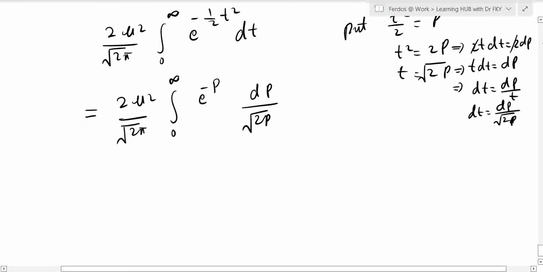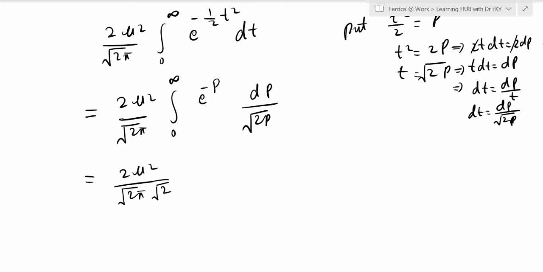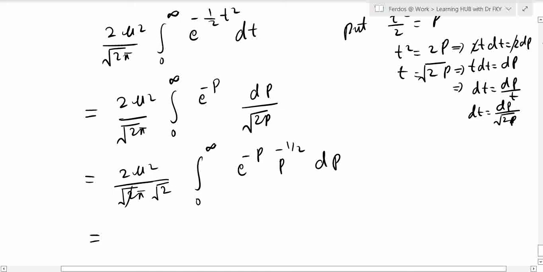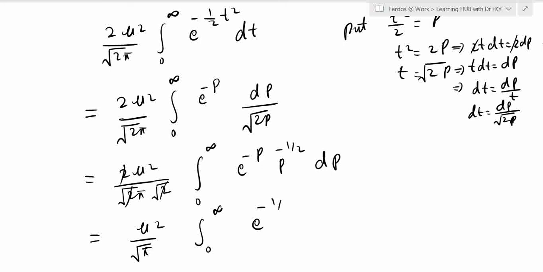Now you can see that 2 mu square divided by 2 pi square root, you can write 2 here in the denominator, and now this is 0 to infinity e power minus p power minus 1 divided by 2 dp. So now I can cancel 2 with 2, mu square divided by pi, 0 to infinity, p power minus 1 divided by 2 e power minus p dp. Again I will use the gamma function.